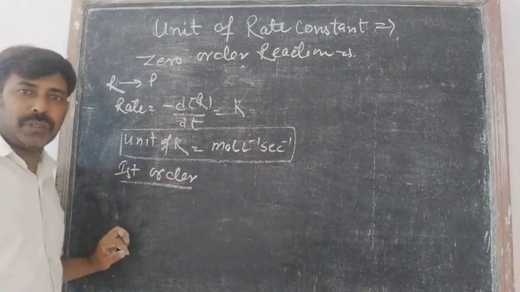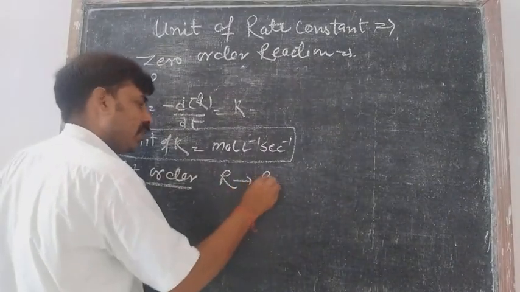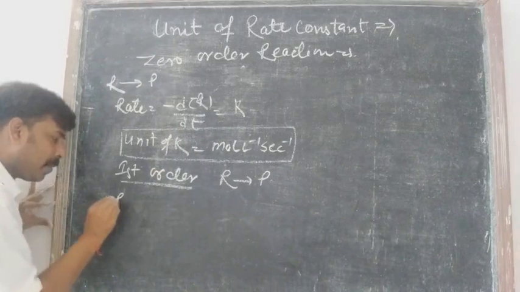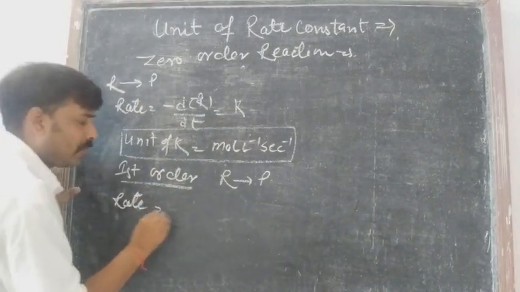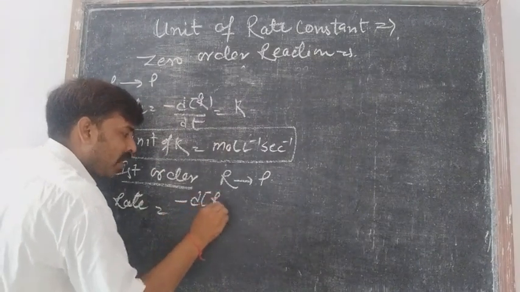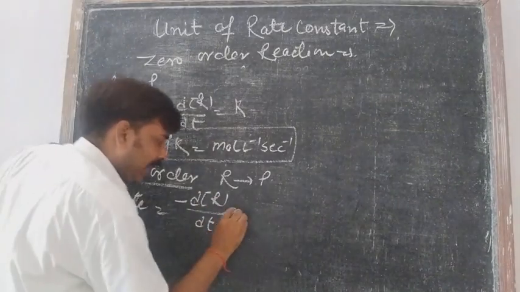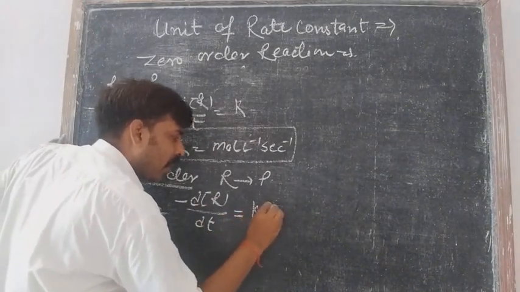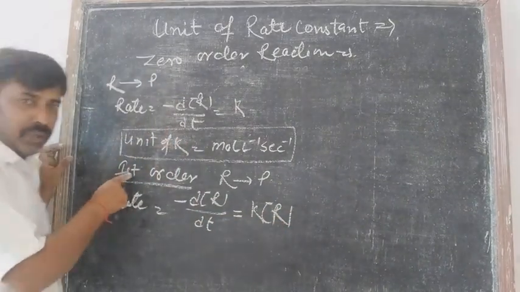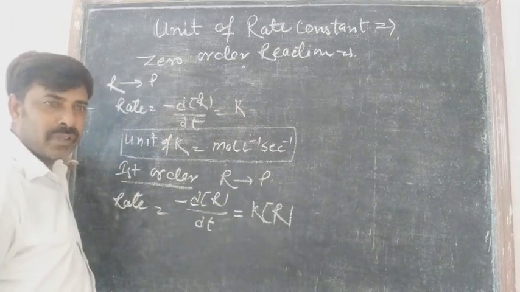But when your reaction is a first order reaction, again we take the same reaction, R converting into P, and for this reaction the rate equals minus d[R]/dt equals k[R] to the power of the order, and here the order is 1, so it is k[R]^1.